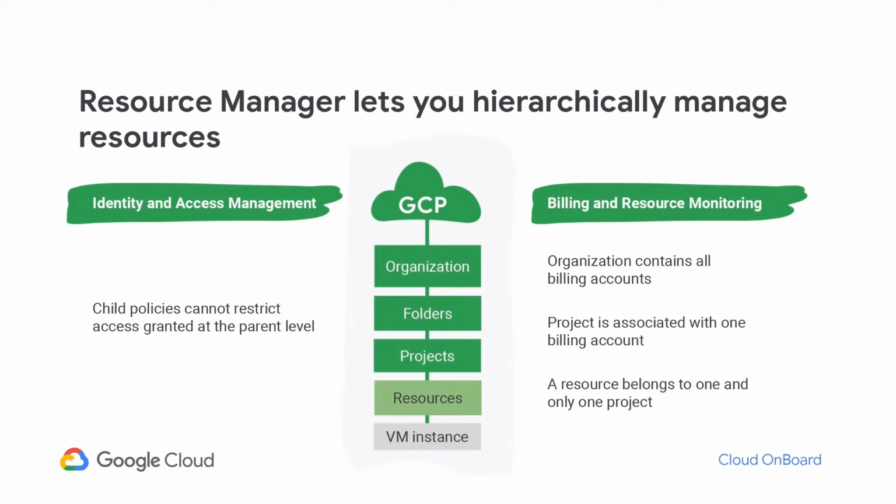Because a resource belongs to one project, the project is going to accumulate all the consumption of its resources, and every project is going to be associated with one billing account, which means that an organizational node can contain all the billing accounts.